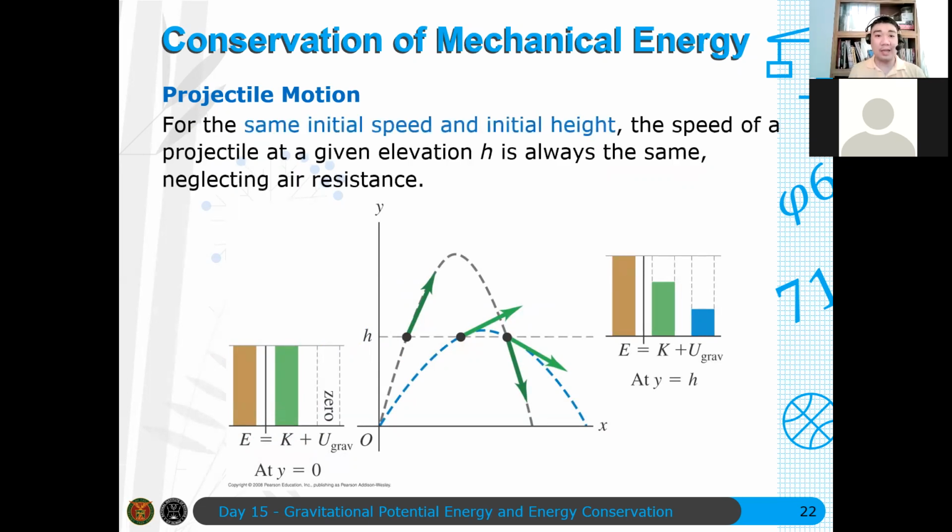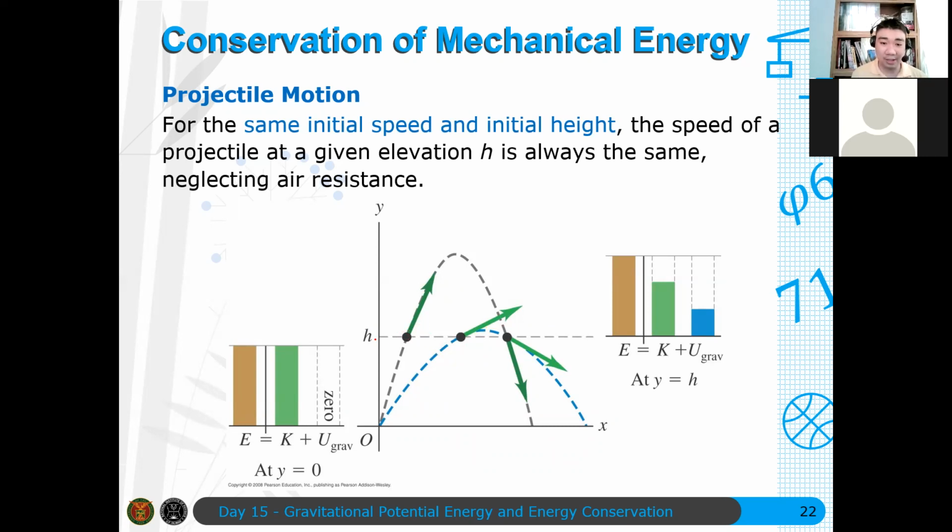In that case, if the initial speed and initial height are the same, at some final height the speed will be the same. Speed ha, hindi velocity, speed. Of course, the velocity may change because it really depends on the angle between the velocity vector and the x-axis. Pwedeng magbago talaga yan. But the speed of the object at any given point remains the same. Of course, we neglect any resistance in the process.